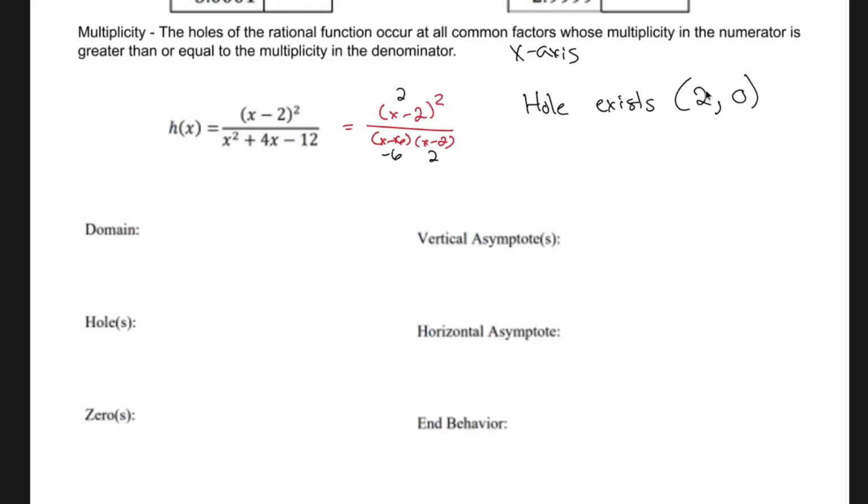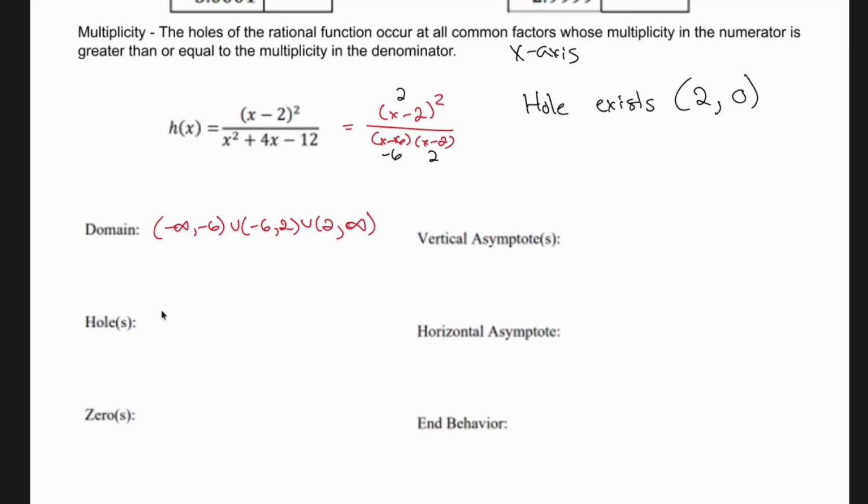So, now that we know that, we can answer this question. We have a domain where you're not allowed to plug in negative 6 or 2. So the domain is everything up until negative 6, union from negative 6 to 2, union from 2 to infinity.